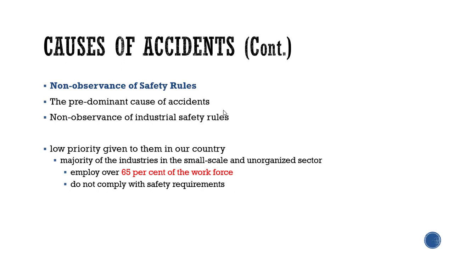Because when we think of Koilpatti, Sivakasi, they are all small scale industries and unrecognized sectors. Okay, people will do the work in their home itself. So there will not be any recognition for that industry, so they will not know some safety measures, they will not follow them. So because of that, in most situations, accidents happen. Okay, so we have to be very careful about that.